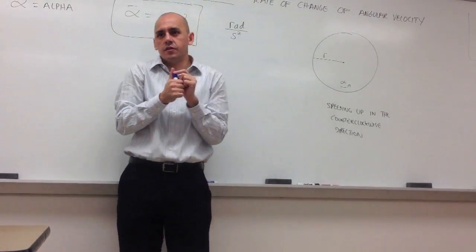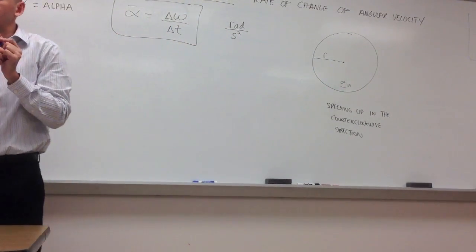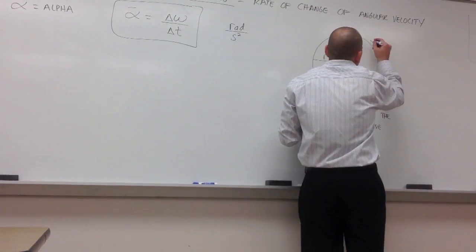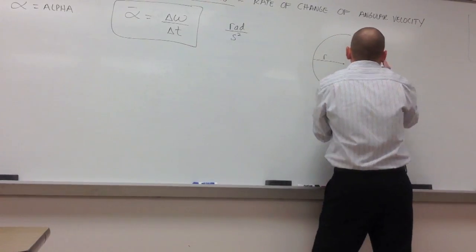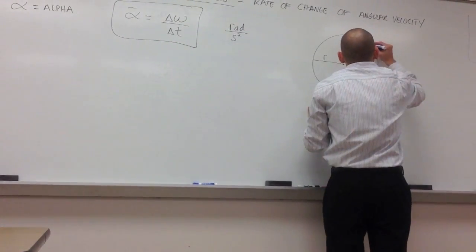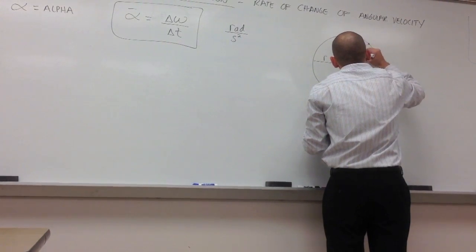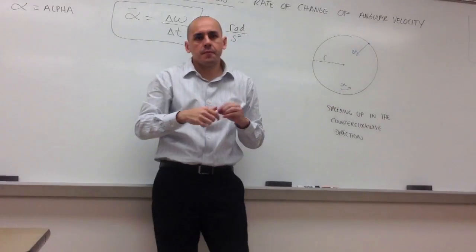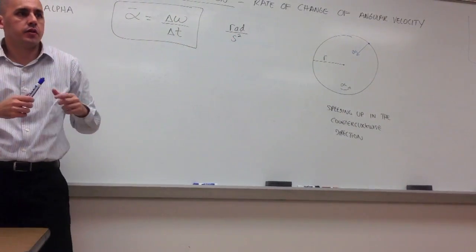If you're moving in a circle, we always have an acceleration that points toward the center. So I'm just going to pick a point, say right up here. And say, at this point, we know we must have an AC that points toward the center of that circular path. We've learned that before.